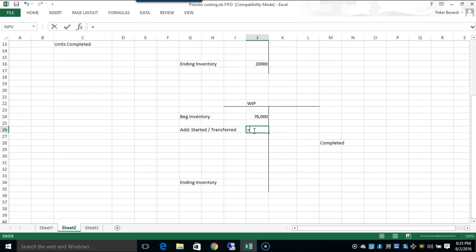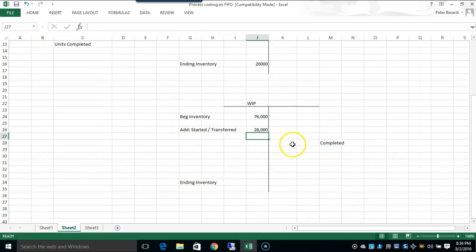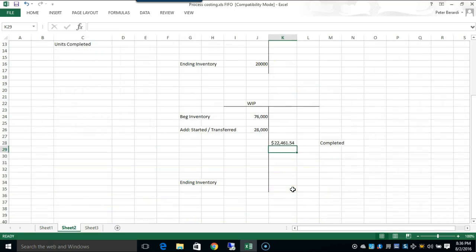Added current production: $10,000 from transferred in, current production is $15,000 from direct materials, and current production from conversion costs. Completed equals, right here, total 22,461.